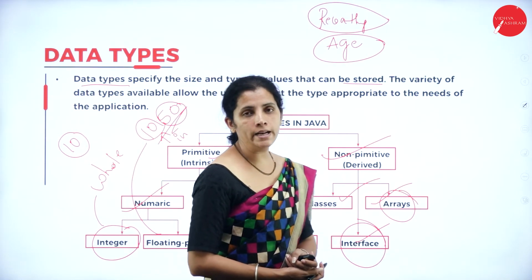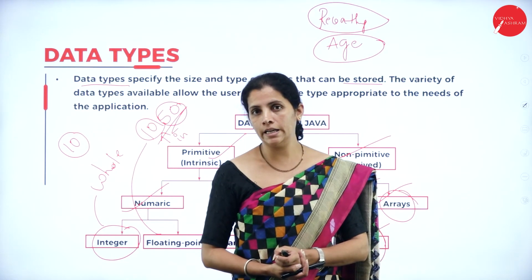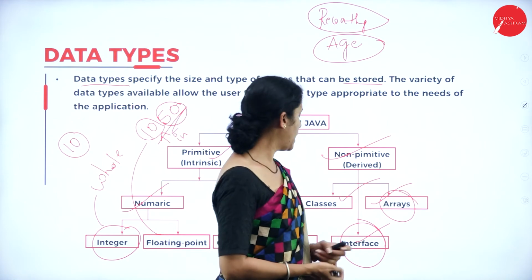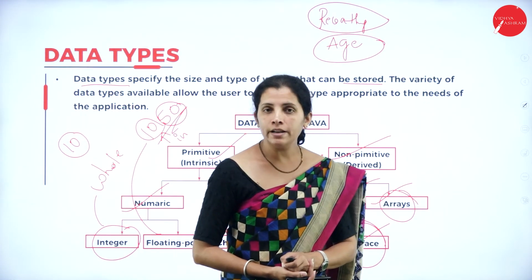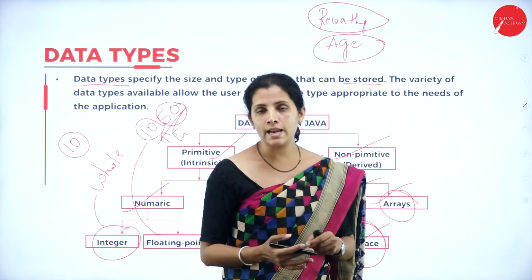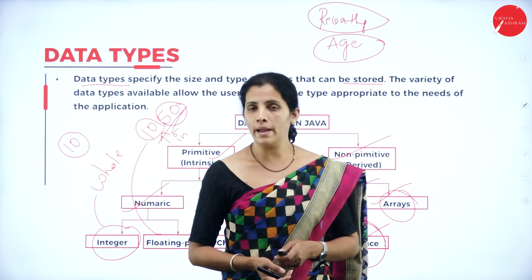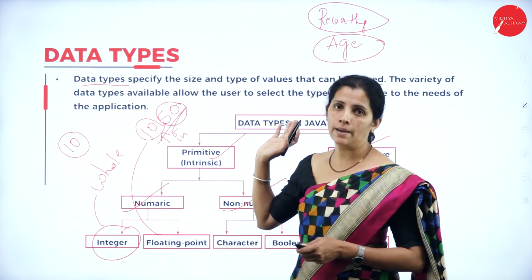Then what about interface? So dear student, Java does not support multiple inheritance. To achieve multiple inheritance, we have the concept called interface. If I define an interface, that includes abstract methods as well as abstract data members. This is all about data types.